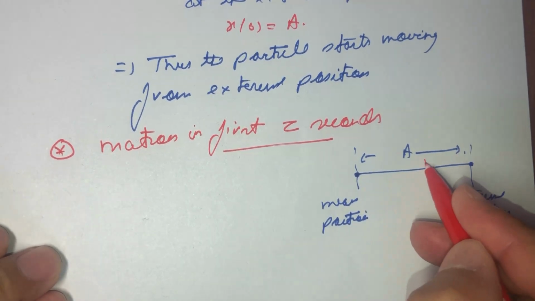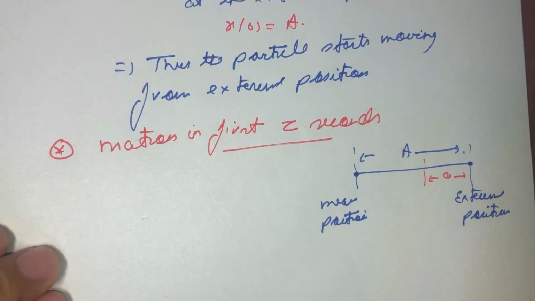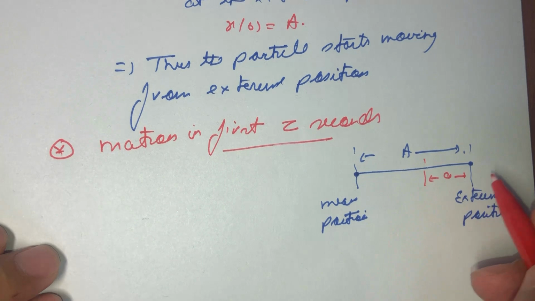So let us suppose this is the a distance which is traveled in tau seconds.